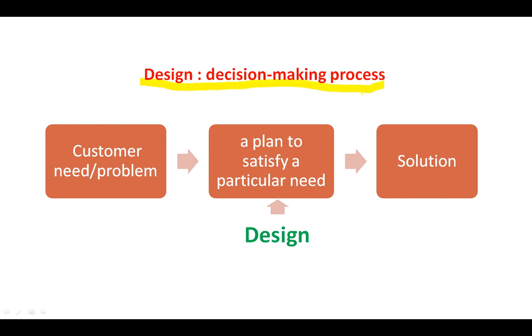As I have told you previously, every product that is being produced in industry is designed first by a design engineer, and then this design engineer draws these diagrams, assembly and part drawings, and finally the production engineer produces that product by studying the assembly drawing and part drawing.